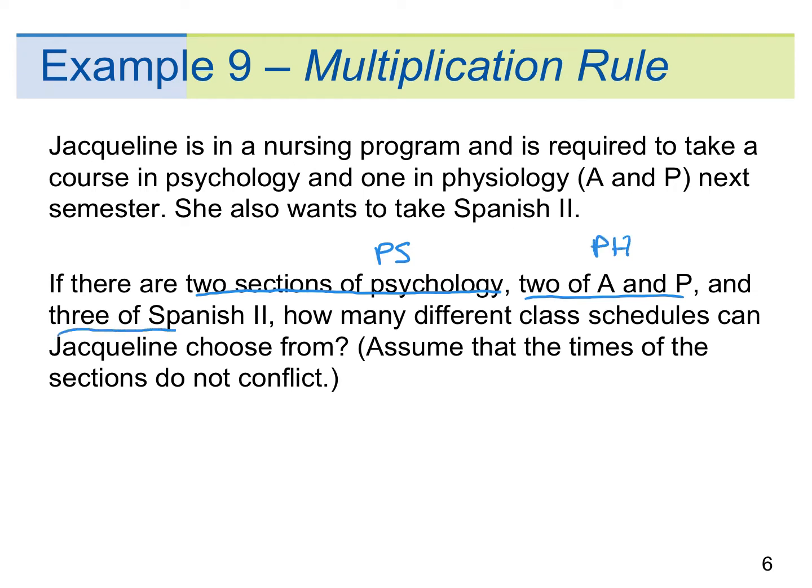And there are 3 sections of Spanish, which I'll denote by SP. How many different class schedules can she choose from? So, if there's 2 psychologies, 2 physiologies, and 3 Spanishes, there are 12 different course schedules she could take. Multiplication principle.